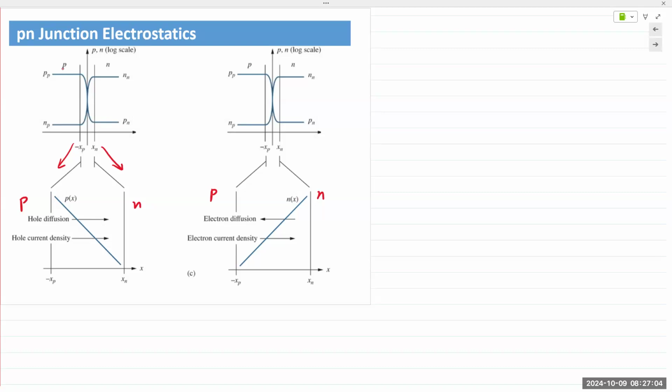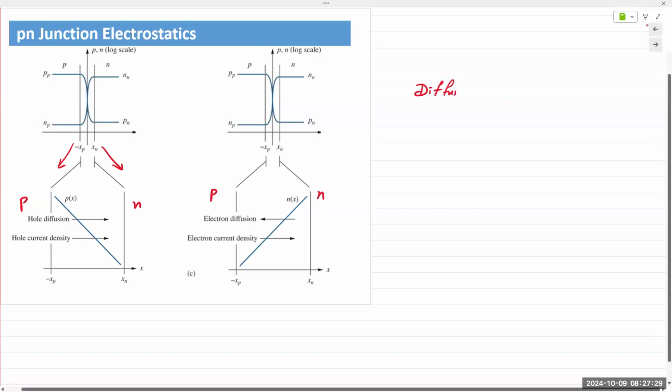They're crossing the junction. This is the phenomenon that we referred to in chapter 2, diffusion. That gives rise to diffusion currents. Again, there is no externally applied field. There's no external energy source. It is simply diffusion.